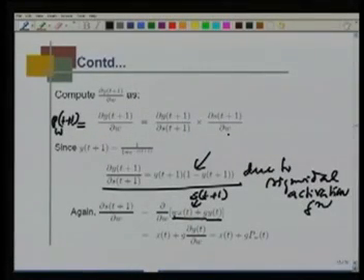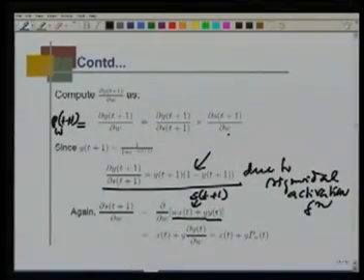Similarly, g is simply a weight, not a function of w, so it is g del y(t) upon del w. By definition, the first term is x(t) plus g, and this one is Pw(t), the gradient information at time t.